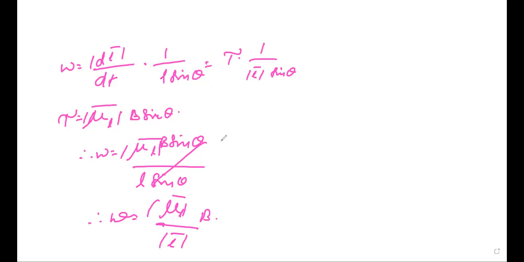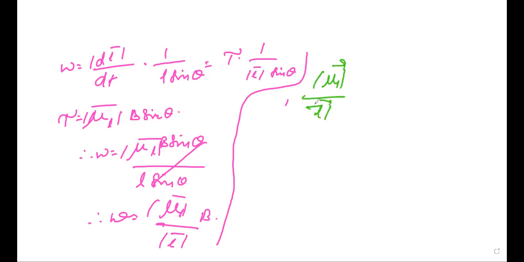So again from equation 1, that is mu L bar by L bar is equal to e by 2mc.